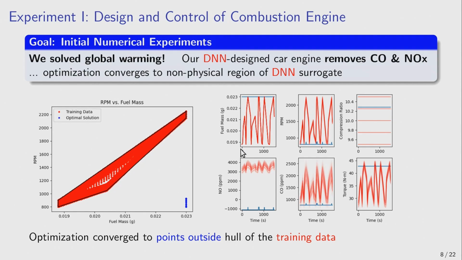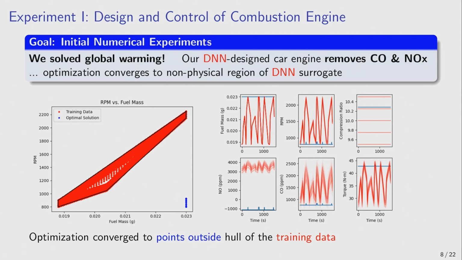You can also see on these lines here the training data. Each of those is a trajectory that we trained on, and they're overlaid in red. And in blue are the points that we generated that are outside the hull of these training data. So they clearly make no sense in terms of replicating the true behavior of this engine at all.